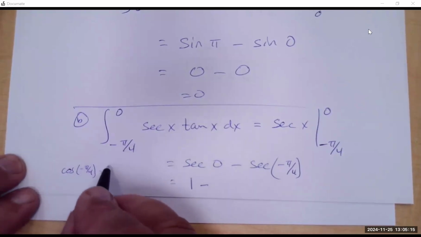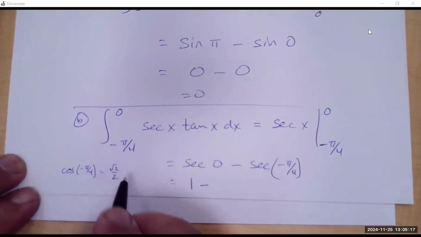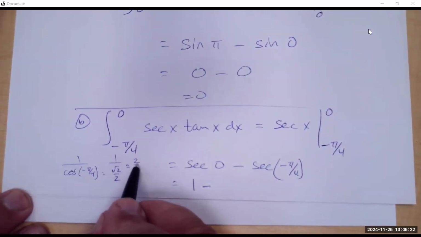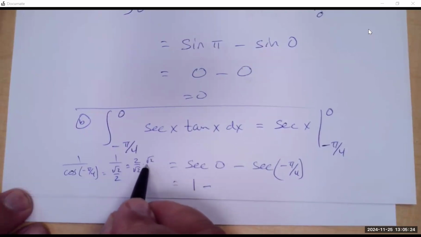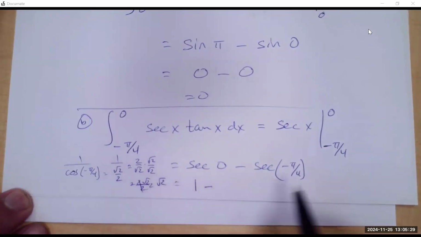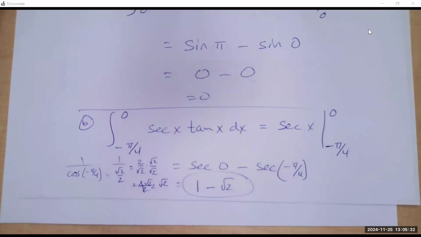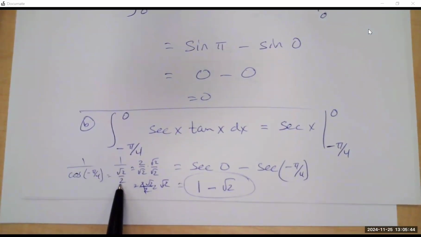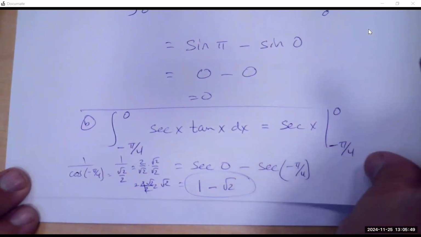It's in the fourth quadrant. Cosine is positive, so it's square root of 2 over 2. Since that's on the bottom, we have to flip it, so we get 2 over radical 2. Rationalize it, and we get 2 radical 2 over 2. And there's your answer. Again, you have to review your trig identities and your algebra skills. Since secant is 1 over cosine, and cosine of pi over 4 is radical 2 over 2, it's 1 over radical 2, flip it, and then rationalize it.